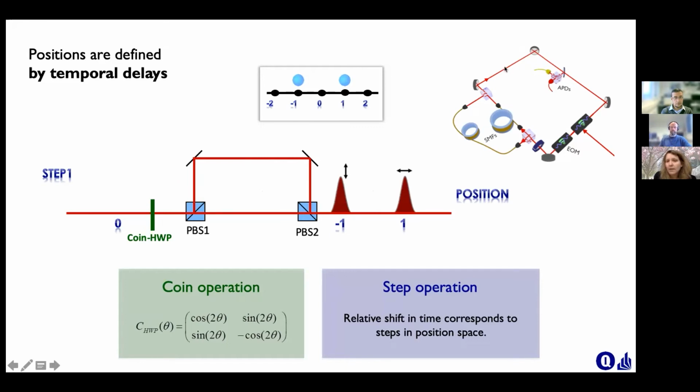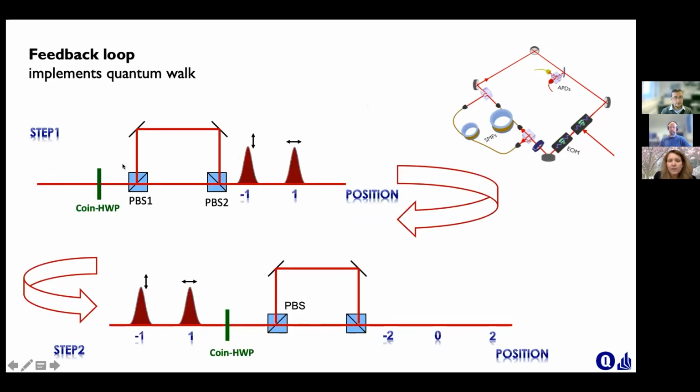Then we come to the feedback loop, where we send the same pulses back into the system. Now there could be short, long, long, short in the system, and for the ones that have traveled different paths in different cycles, we get interference.